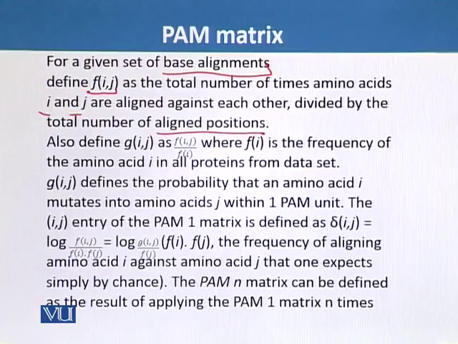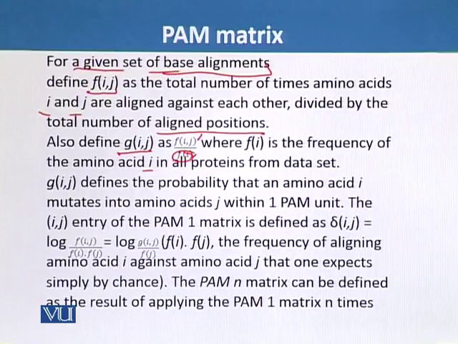Second, we define Gij as Fij divided by Fi, where Fi is the frequency of amino acid I in all proteins from this data set.